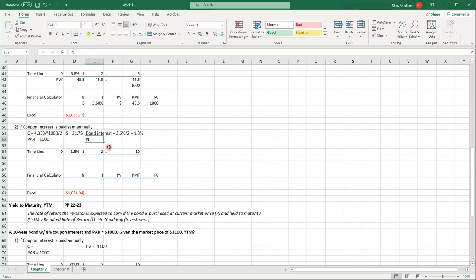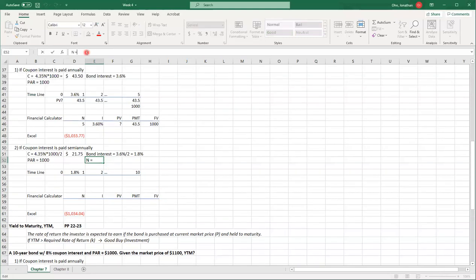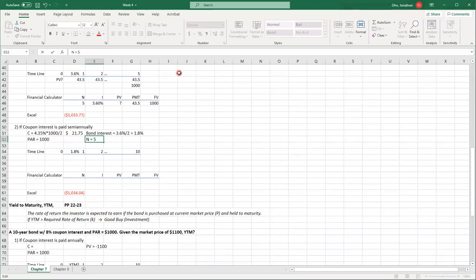And the time was 5 years, but that was for years. You have to change that to semi-annual. So you multiply that by 2, which is 5 times 2 is 10. So 10 periods, 10 six-month periods, that's 5 years.